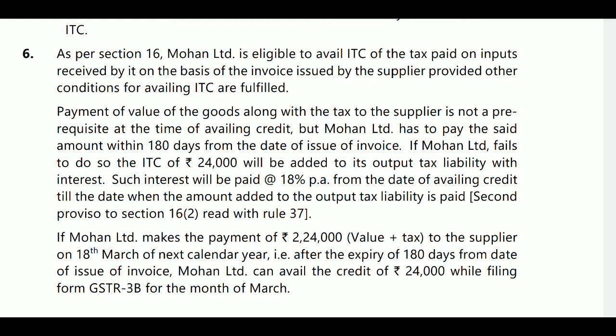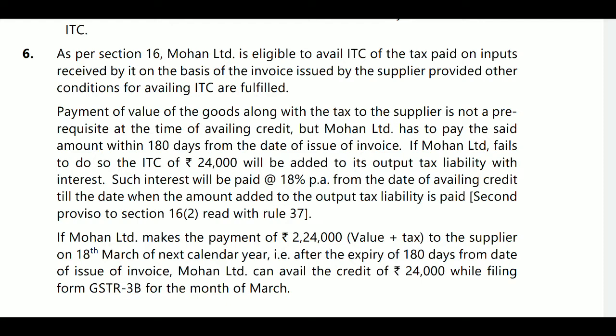Next, if Mohan Limited makes payment of 2,24,000 value plus tax to the supplier in the month of March, that is after expiry of 180 days from the date of issuance of the invoice, then Mohan Limited can avail that credit of 24,000 while filing GSTR-3B in the month of March.